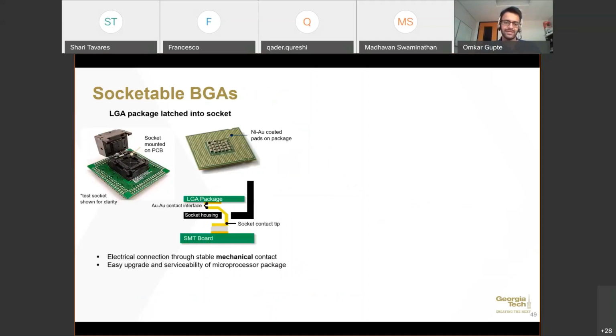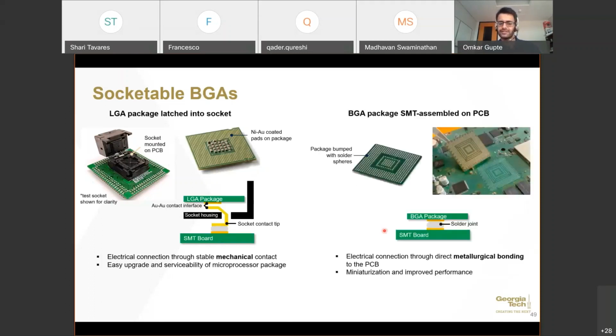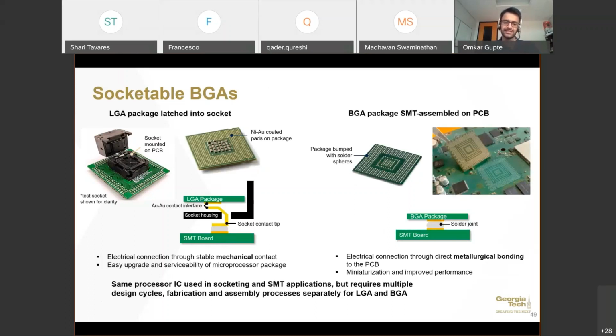So what happens then? As I mentioned, in LGA, the package is latched in a socket to form a mechanical contact, whereas in BGA, the package is attached on the board to form a metallurgical joint. In many cases, the same processor IC or chip needs to be used in these socketing applications and in board level or SMT applications as well.